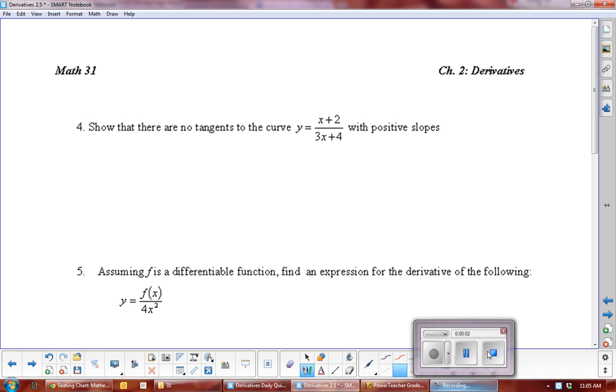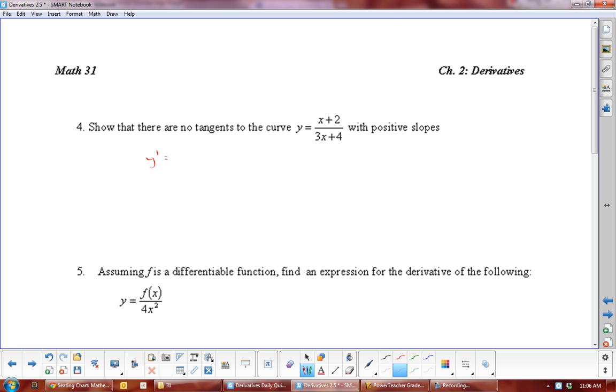Okay, show that there are no tangents to the curve y equals x plus 2 over 3x plus 4 with positive slopes. Okay, so let's do the derivative. Y prime equals low, d high would be just 1, minus high times d low would be 3, all over low squared.